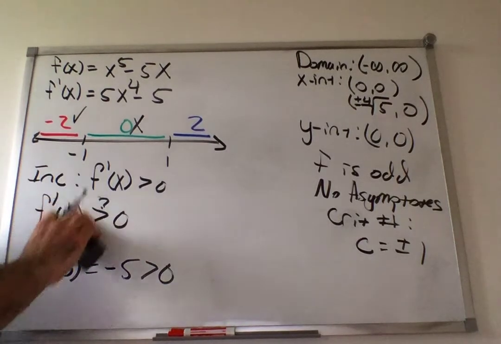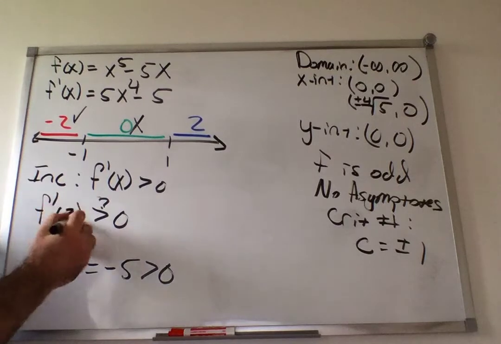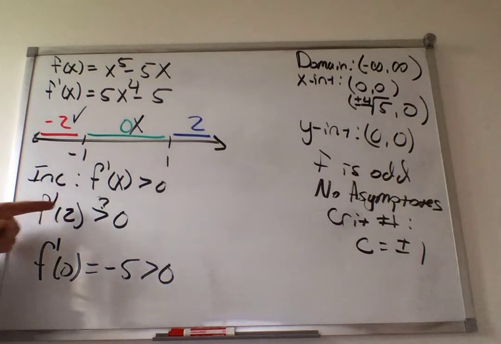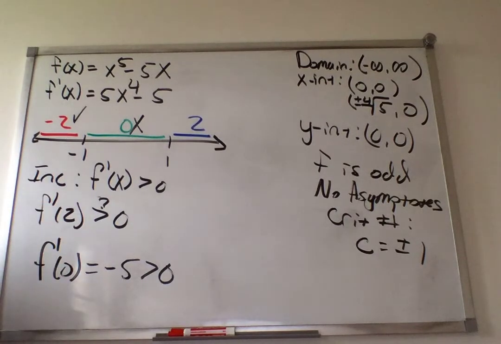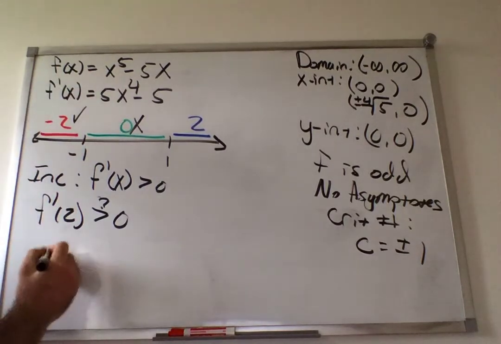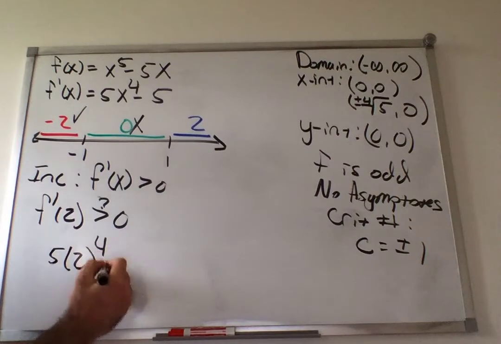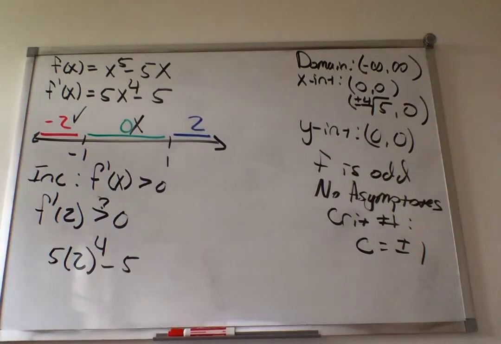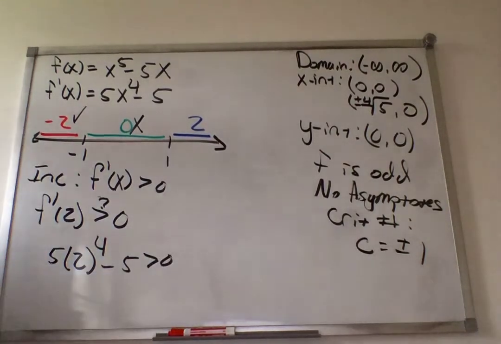Now, if we try this one more time with our last test value, f prime of 2, just plug in 2 into there. We get 5 times 2 to the fourth power minus 5. Is this greater than 0?